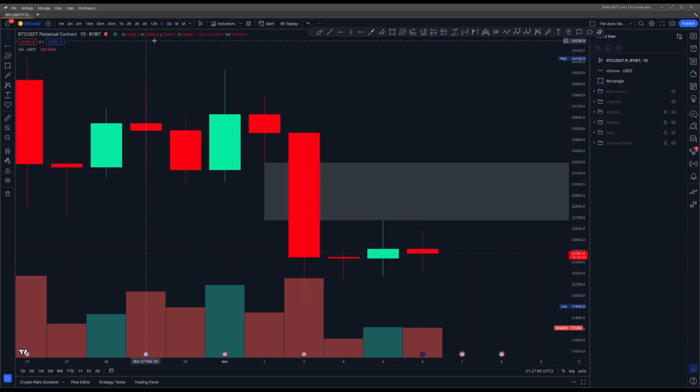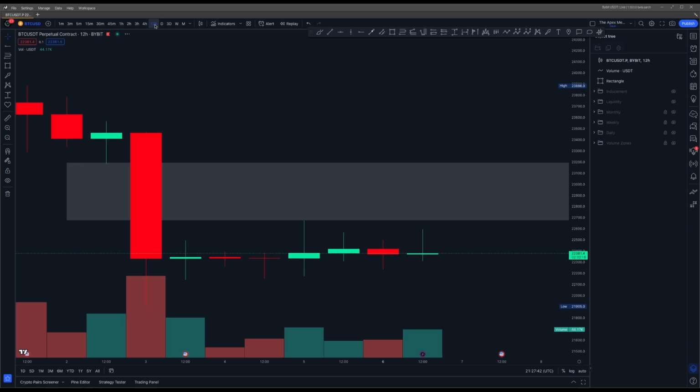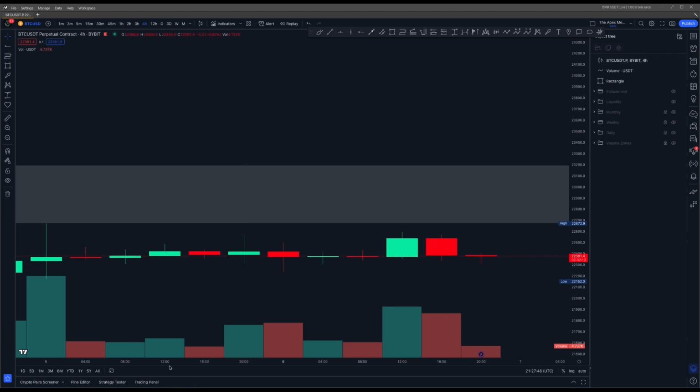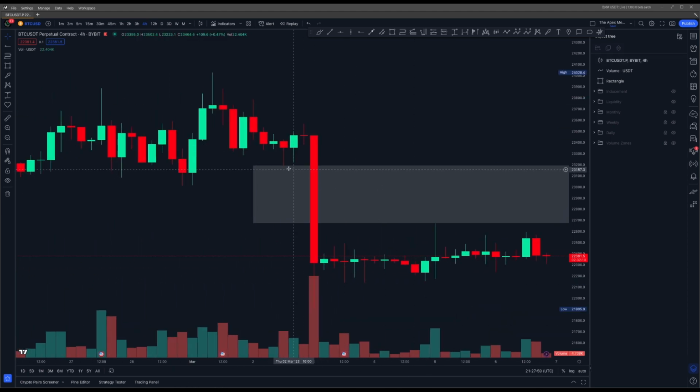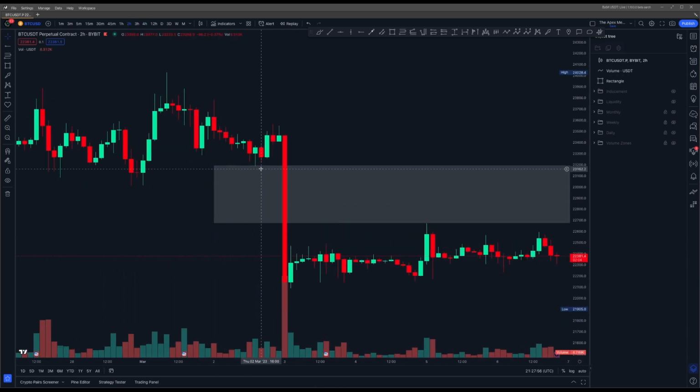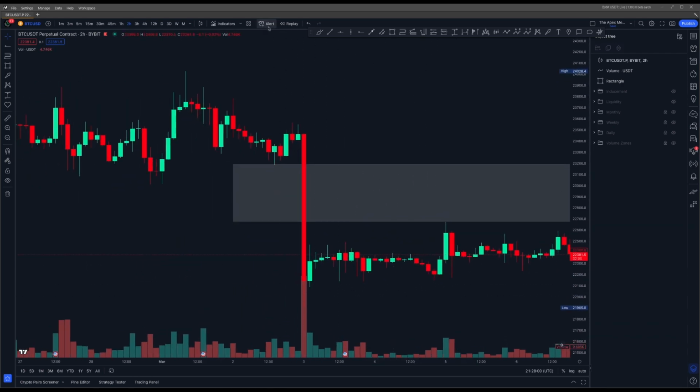Okay, so let's go to a 12-hour. Same gap. Let's go to a 4-hour. Same gap. 2-hour. Same gap. Nothing's broken it yet.